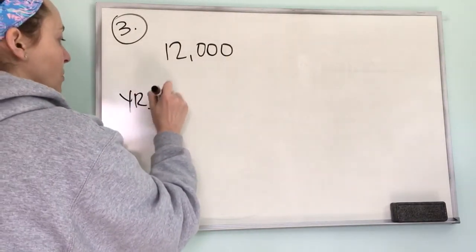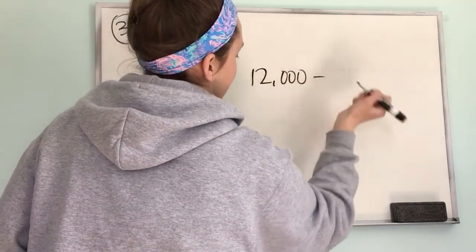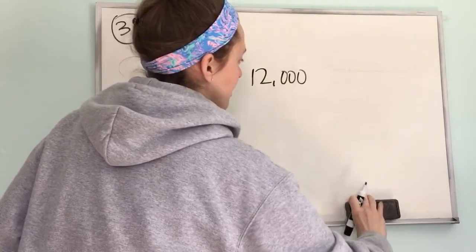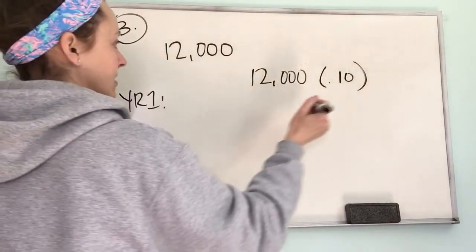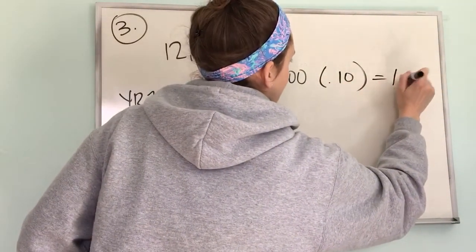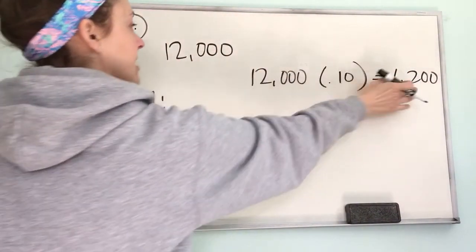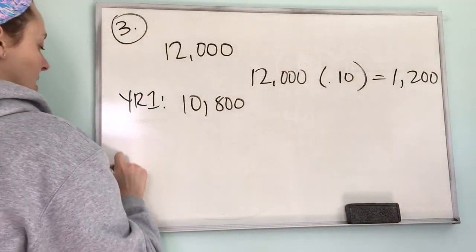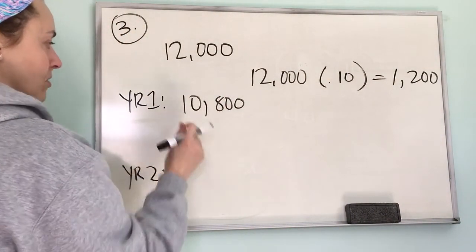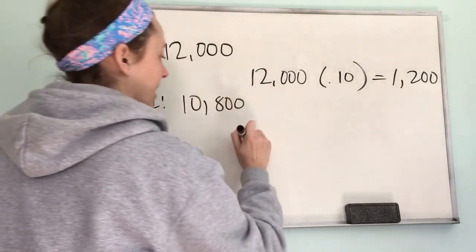Well, after year 1, it'll be this minus 10% of this, right? So 10% of that is $1,200. So after year 1, it's this minus this, or $10,800.